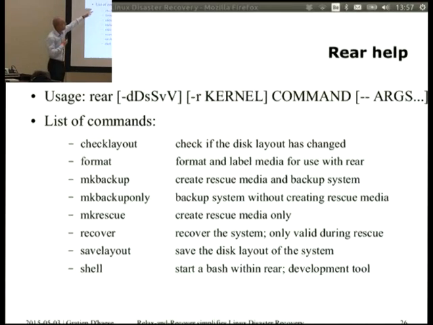And then you have some others, checklayout. That's the function that is added in the cron to notice if something has changed on the disk layout. A new file system has been added, a new version of your kernel, for example, stuff like that. And to recover is just rear recover. And all the rest is in fact some help.